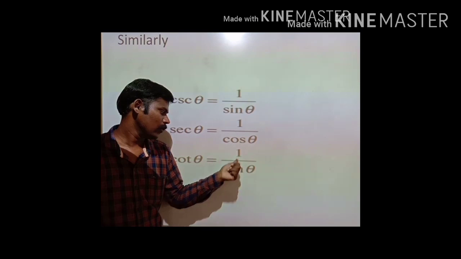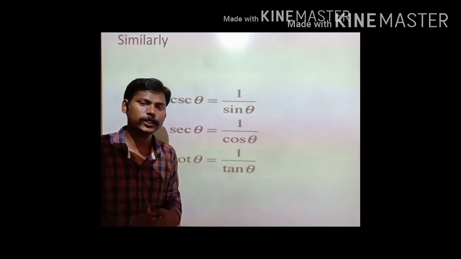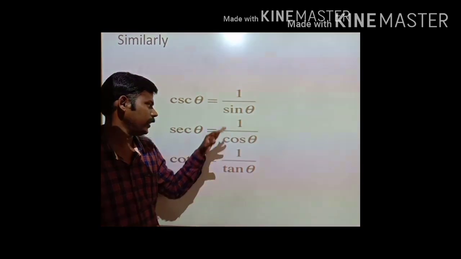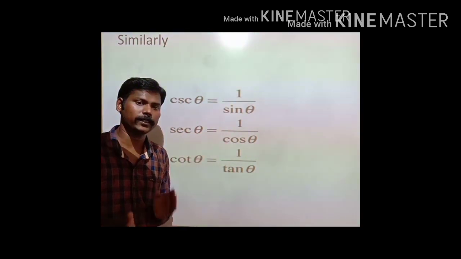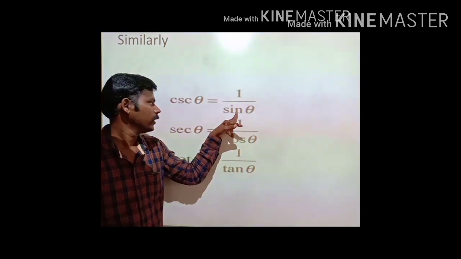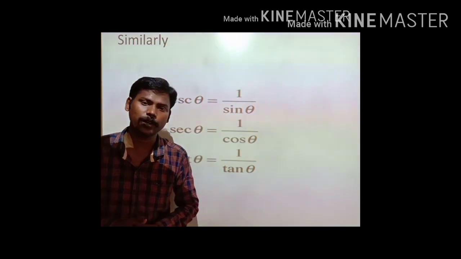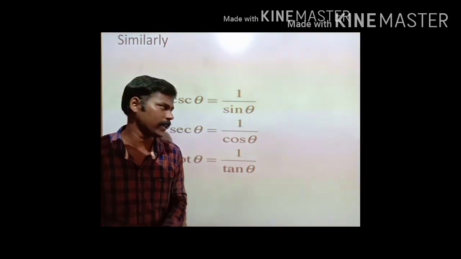So how to write? 1 by tan theta. You know the cross multiplication method. These three trigonometric ratios you can change in different ways. If you want sin theta, take sin theta here and cosecant theta down. Now sin theta also can be written as 1 by cosecant theta.